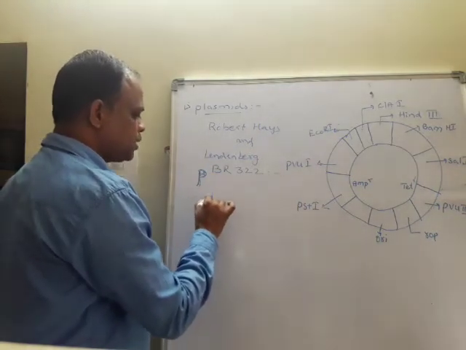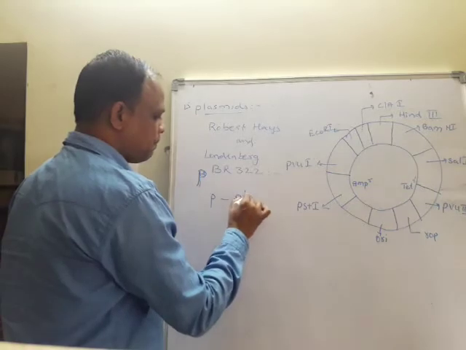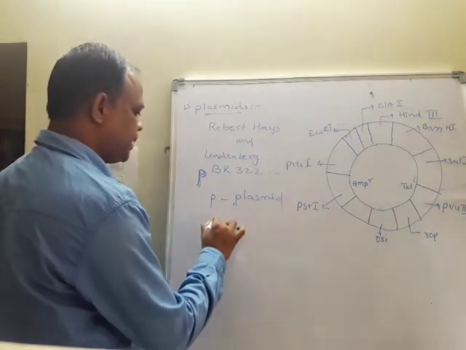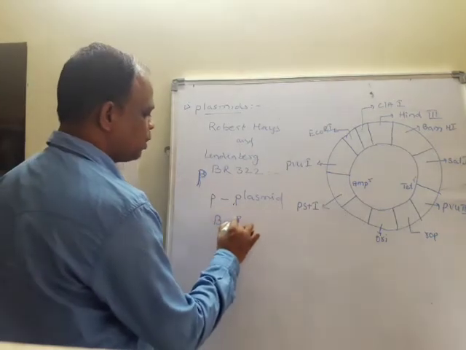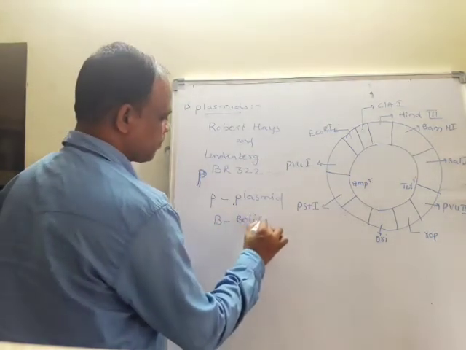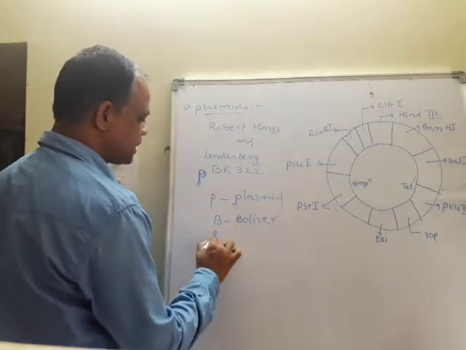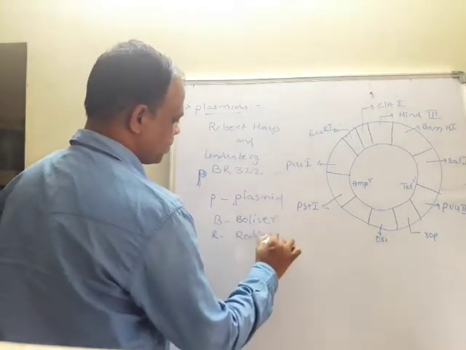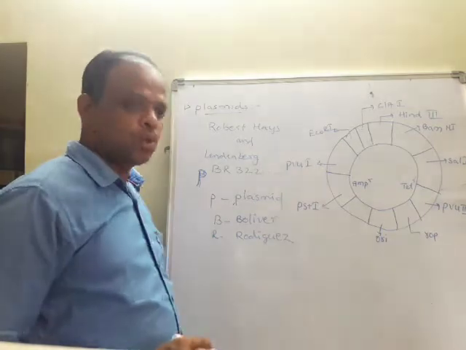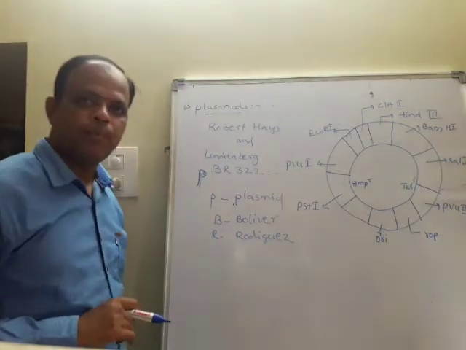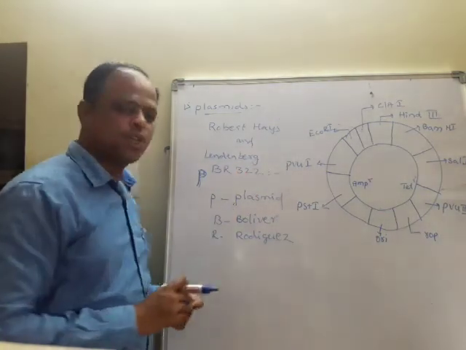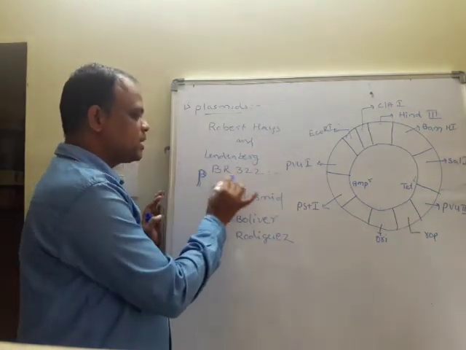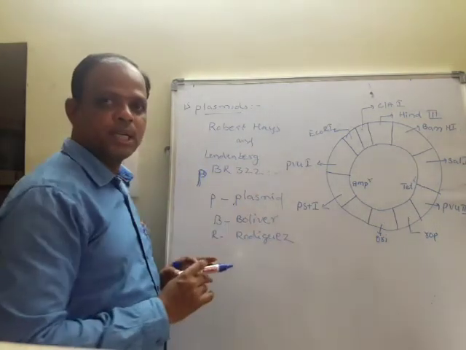The p denotes plasmid, B means Bolivar, and R means Rodriguez. And this is the number 322. This pBR322 plasmid was reconstructed by the scientists Bolivar and Rodriguez.